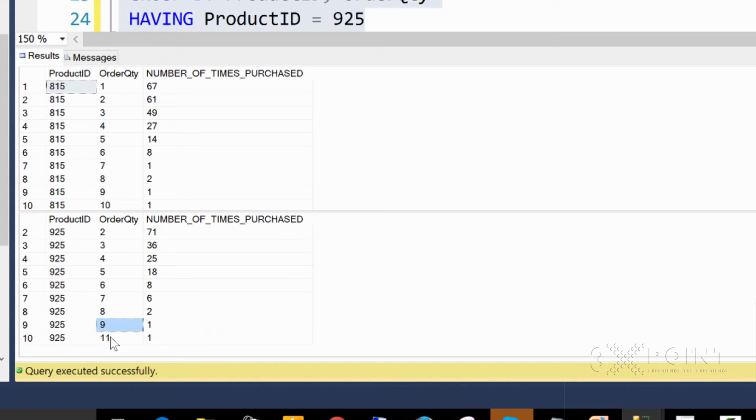There's 9, there's 11. So someone actually bought 9 quantity. But how many people actually did that? Just one. 11, just one. So you can see there's a pattern that when they buy fewer quantities, there are more sales.